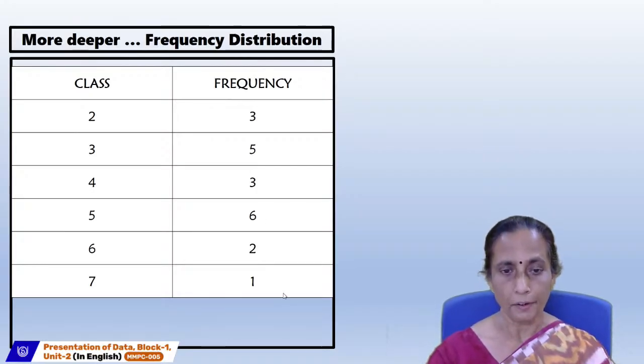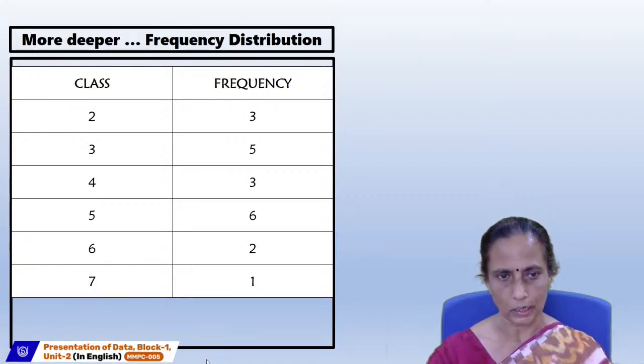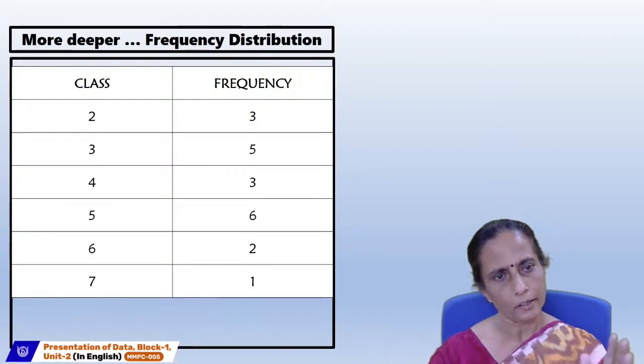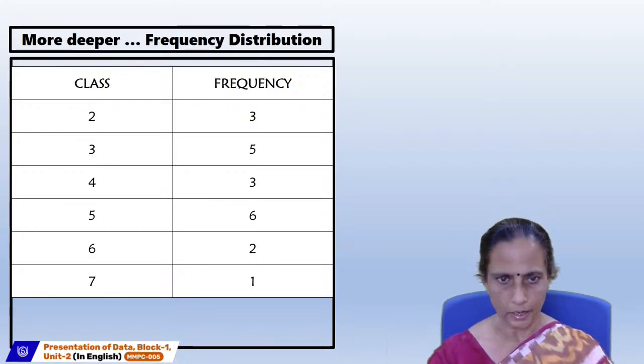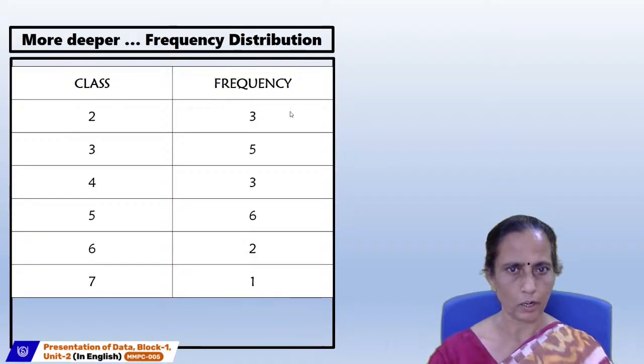Whenever you have prepared this, you should first of all check whether this involves all the observations that you have made or not. How can you check that? You add up this frequency column. If it is equal to the number of observations that you have, then you have not made any omissions. 3, 5, 8, 3, 11, plus 6, 17, 19 and 20.